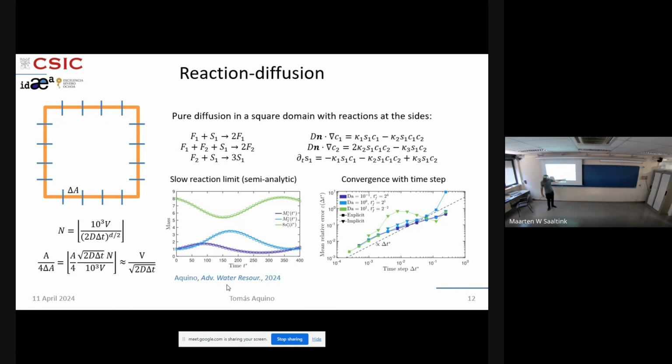I'm also showing here, by the way, different Damköhler numbers in different colors. The squares and the triangles are explicit and implicit for the local reaction system. So it turns out that even though the movement is unconditionally stable just because of how you do particle tracking, like there's nowhere that this thing can blow up, it's just particles moving around, for the local reaction system you're basically solving some ODEs, so you have the usual problems of stability or not.